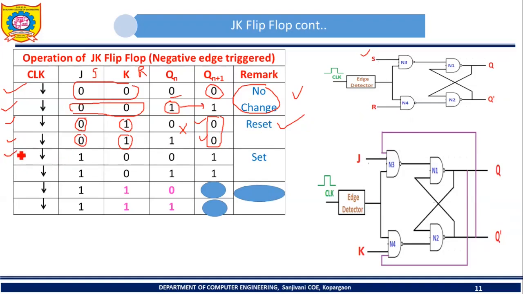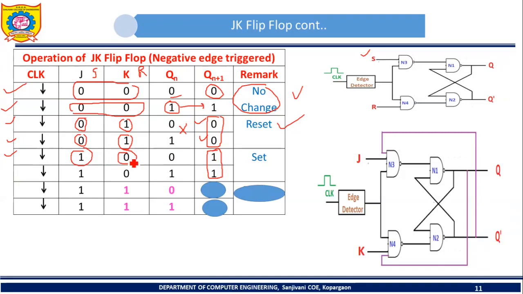Then consider the next row. Here again a negative edge is detected on the clock pulse, and let's assume that J is 1 and K is 0. J is 1, and I told you that J stands for the set operation. So if J is 1, then what should be the next state of the JK flip-flop? The next state should be 1. Why? Because J is 1.